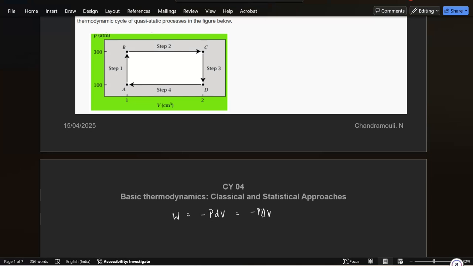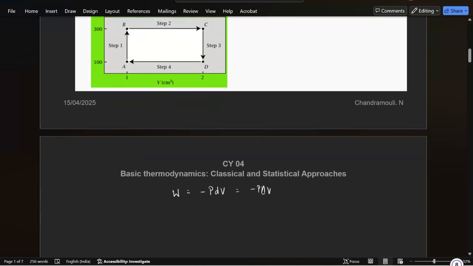Okay. So now we can do it in two ways. If you calculate the area within this path, then that is the work done. That's as simple as that. We can do it another way also. Total work done is equal to, pathwise, AB plus BC plus CD plus DA.